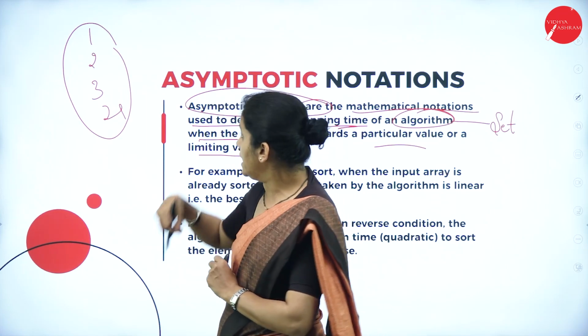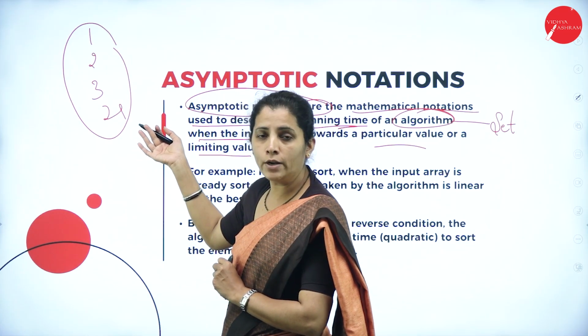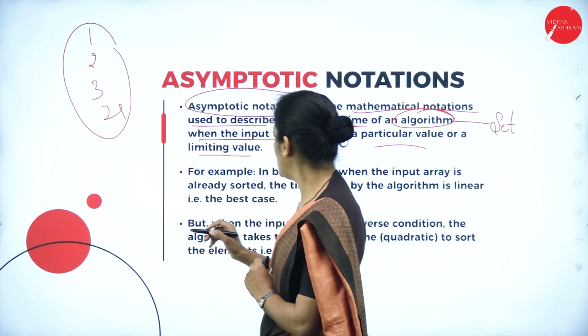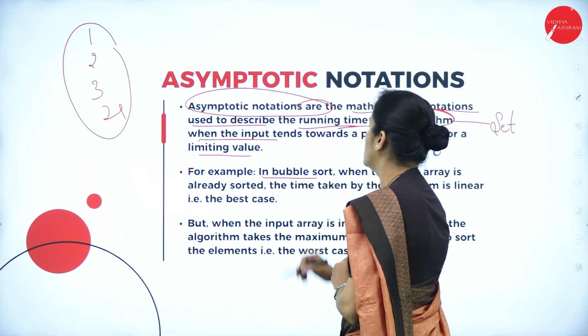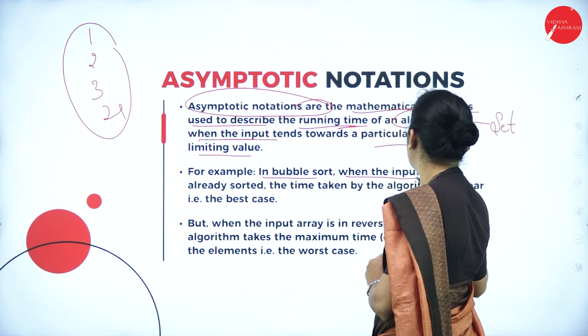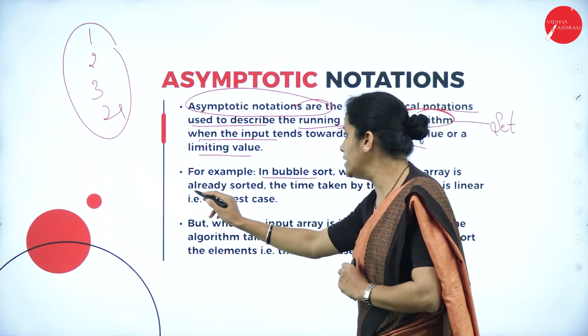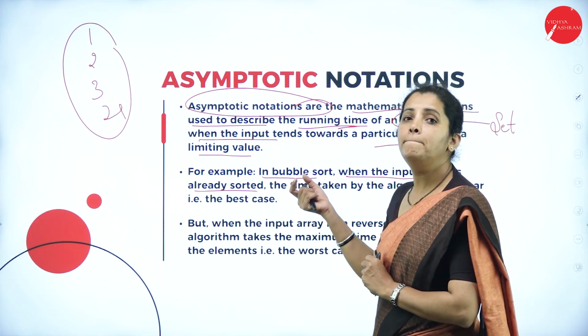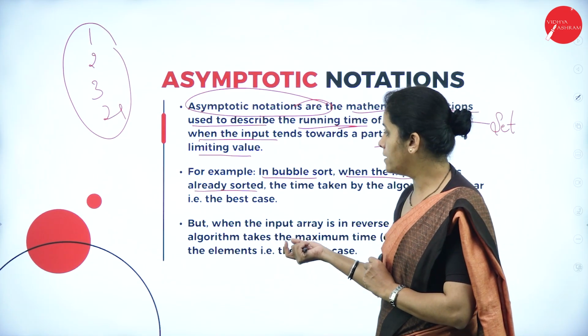See, all the inputs are already sorted, so I don't want to sort the array elements. So for example, in bubble sort, when the input array is already sorted, the time complexity is nothing but the best case.